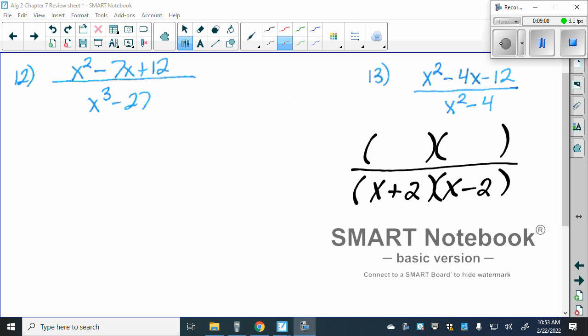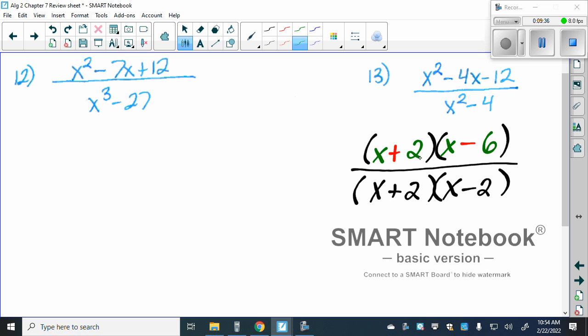Now the negative 12 tells me the signs are going to be opposite. One's positive and one is negative. Now the factors of x squared are x and x. Now the factors of 12 are 1 and 12, 2 and 6, 3 and 4. Well, if we're going to get something to factor, I need to use 2 and 6. Well, the 4x in the middle is negative.